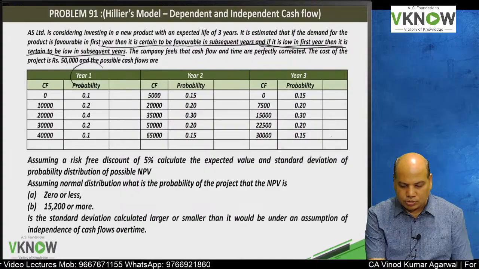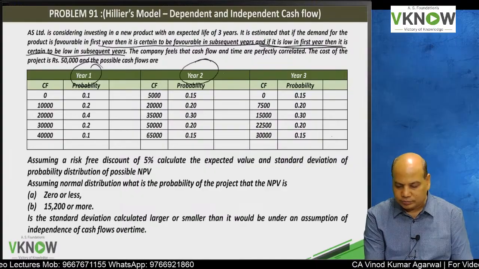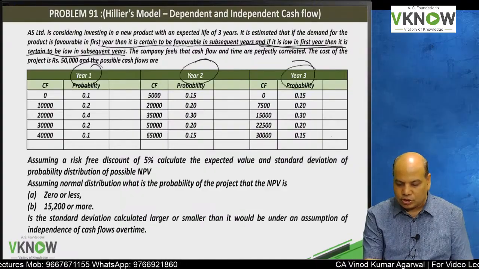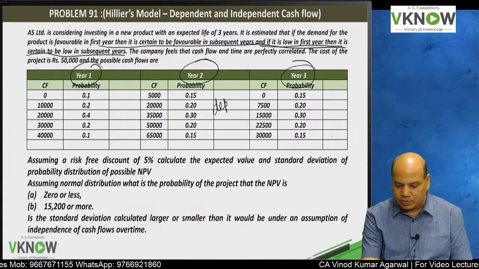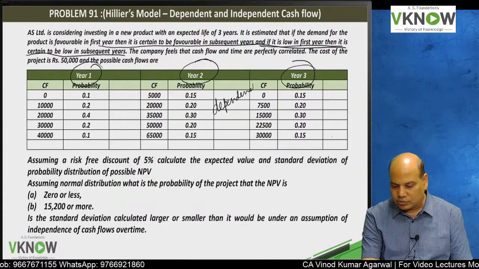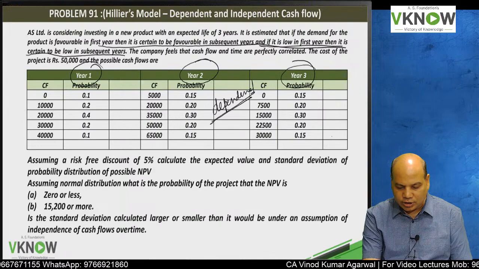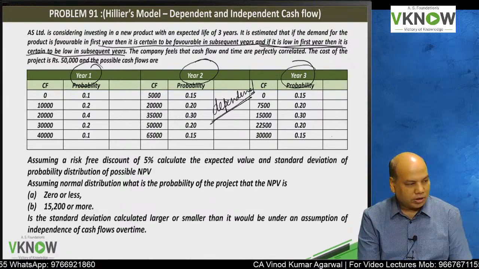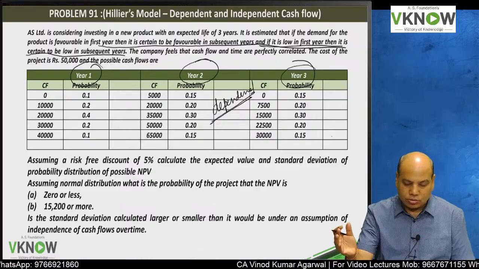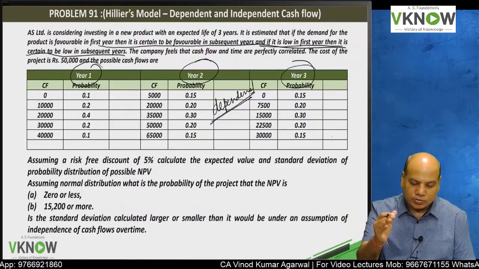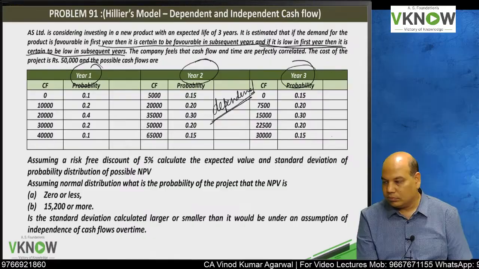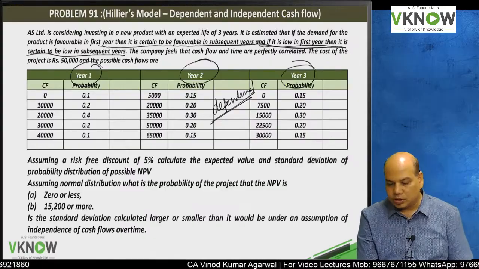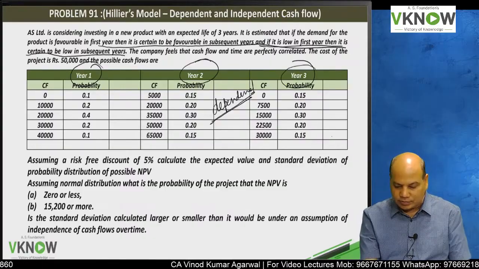It means cash flows are dependent. Because low demand in one year may lead to low demand in the subsequent year also. Year 2 cash flow is influenced by year 1. So this time we will assume cash flows are dependent.